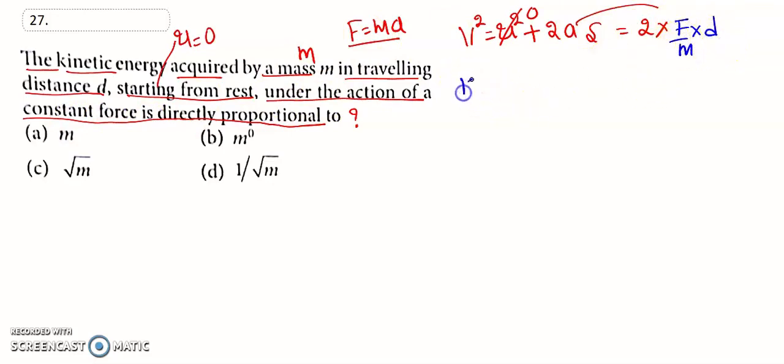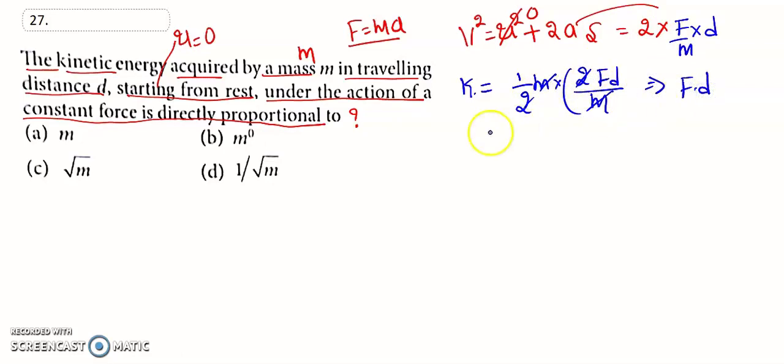So kinetic energy is equal to 1 by 2 m v square, and v square is 2Fd divided by m. m gets cancelled, 2 gets cancelled. So that is equal to F into d.